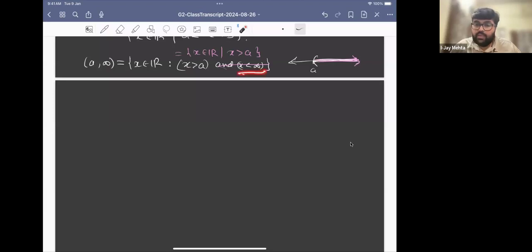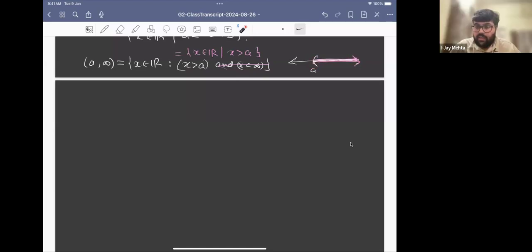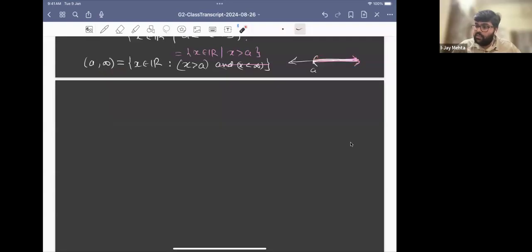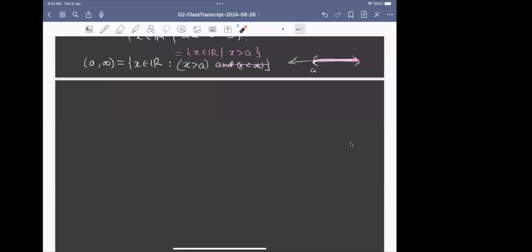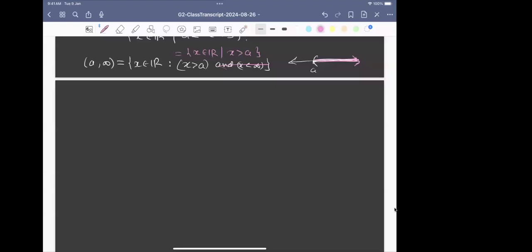There is no need to write that here. Just the set is this: X is greater than A. There is no B here, so A to infinity means all those elements which are just greater than A. Is it clear now? Okay.